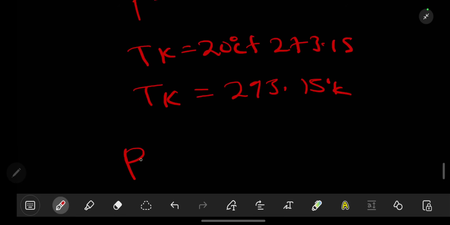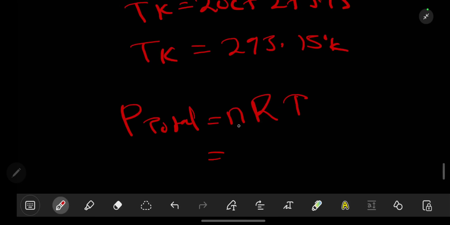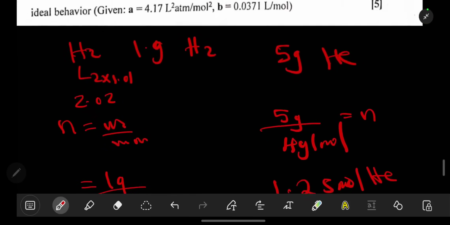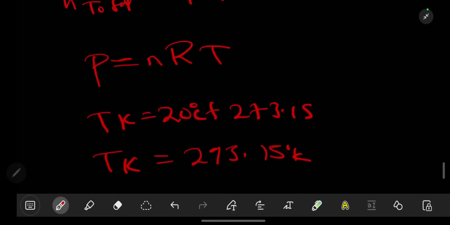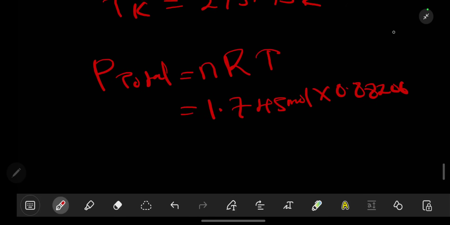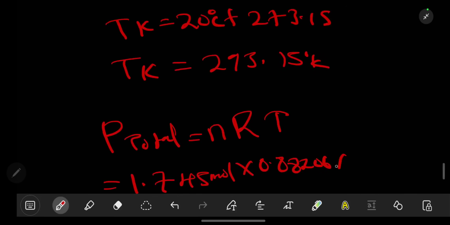Then just replace. So the total pressure will be equal to nRT. Our number of moles, the combined, is 1.745 moles, times what is my R? My R is equal to 0.08206, times our temperature.